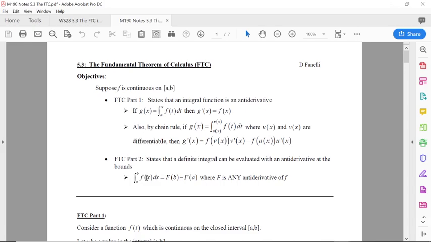If you had the integral of an acceleration function, that integral would tell you information about the change in velocity, the net change in velocity. So we can use the antiderivative to interpret what an integral is telling us. And we can use an antiderivative to evaluate definite integrals.